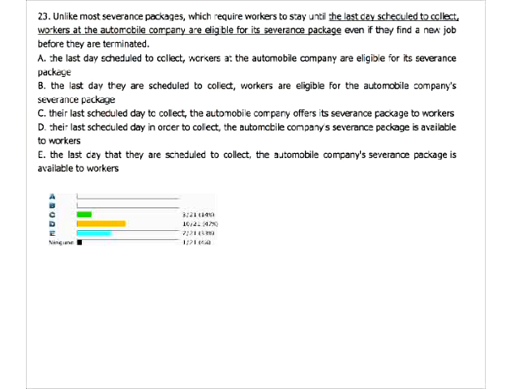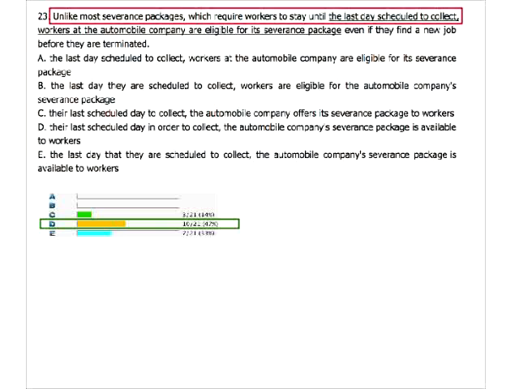Okay. Here are our results. Pretty strong majority in favor of D. Let's go ahead and take a look. Correct answer is D. Let's see why. But first of all, you've got "unlike most severance packages." Notice that the rest of this is part of the modifier as well, because "which" is referring to severance packages.